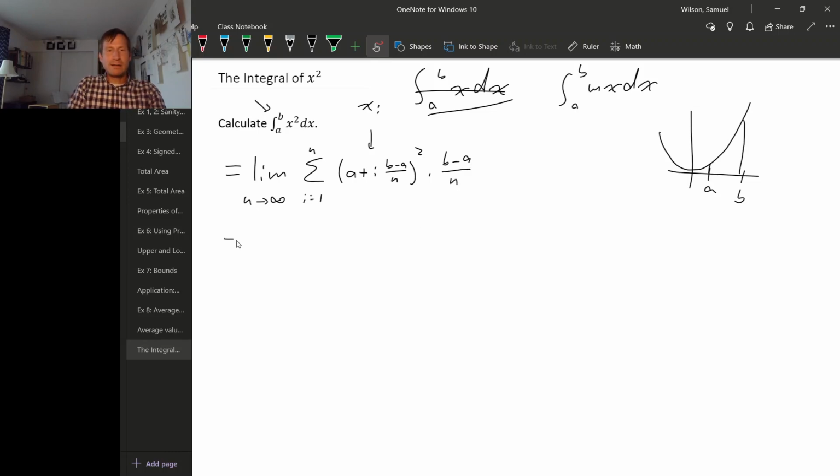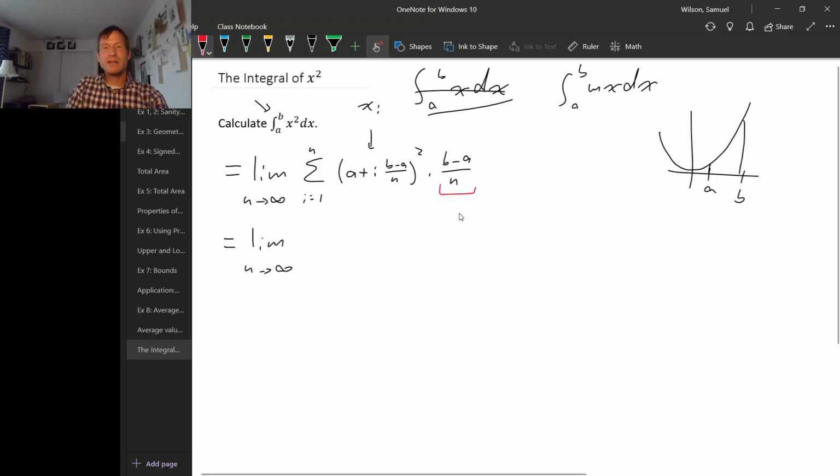All right, so let's see what we get. Limit as n goes to infinity of the sum. Right off the bat, this (b minus a) over n doesn't depend on i, so let's factor it outside of the sum. So that gives us a (b minus a) over n out here.